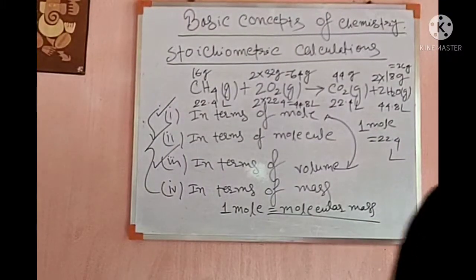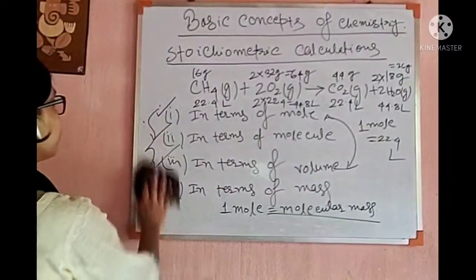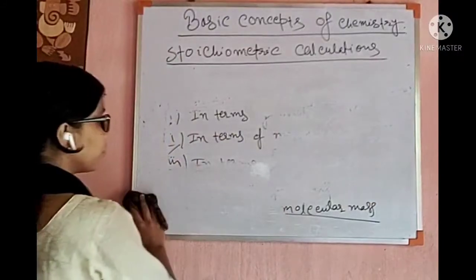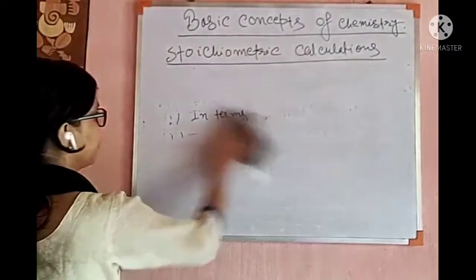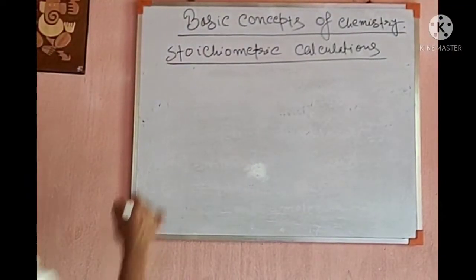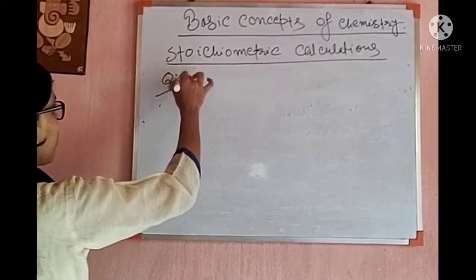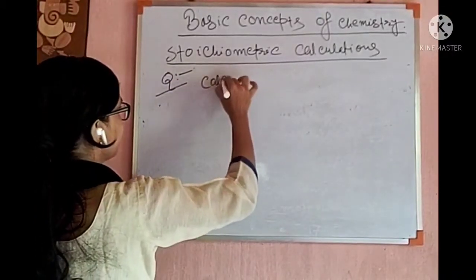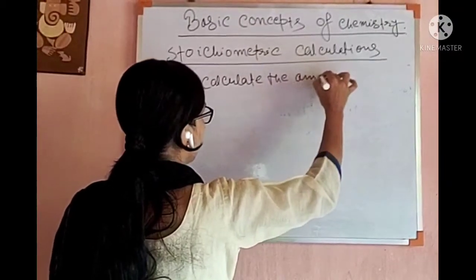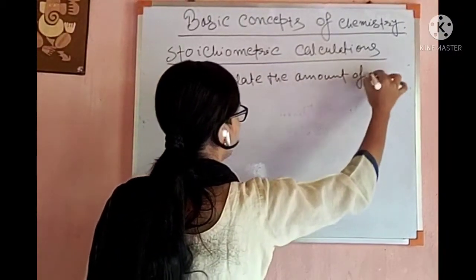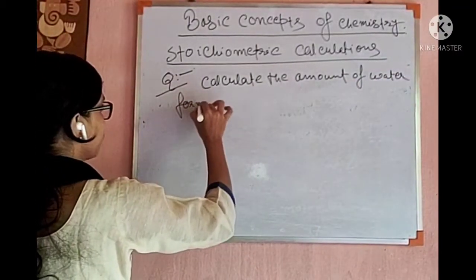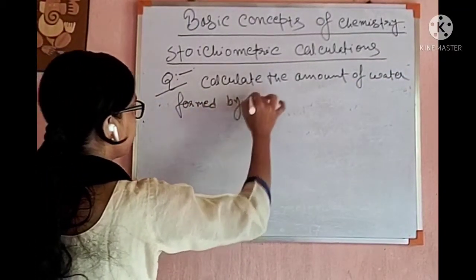The numerical is: calculate the amount of water formed by the combustion of 16 gram of methane.